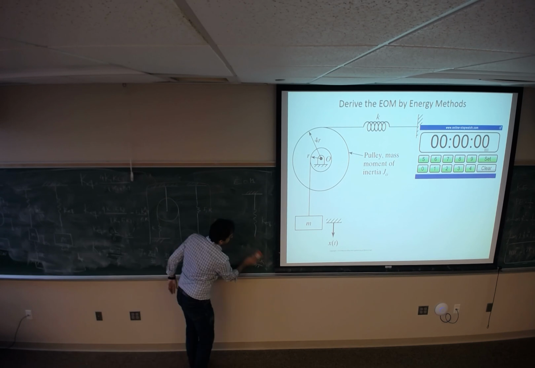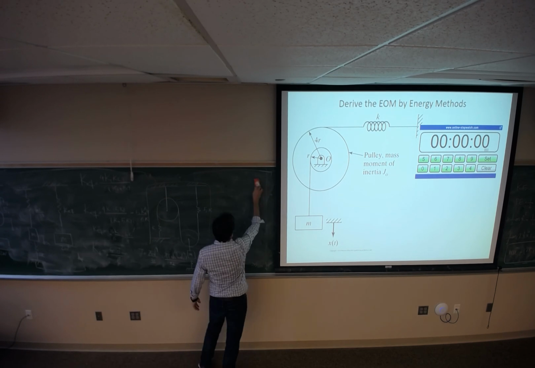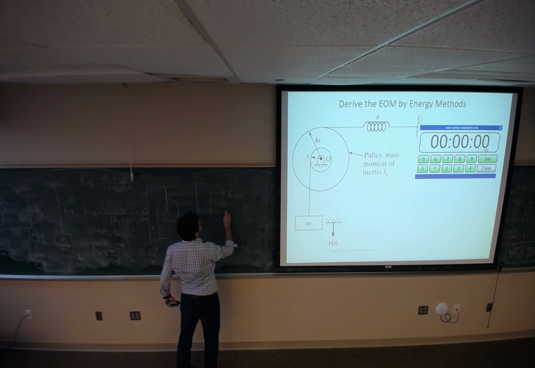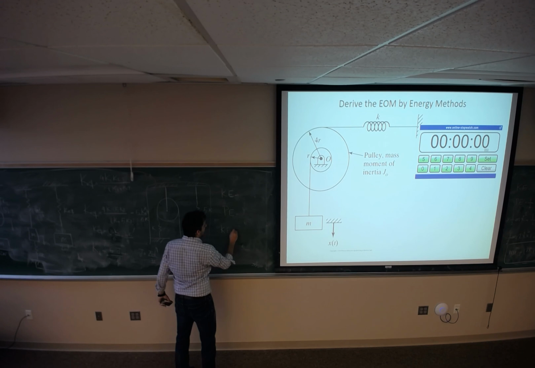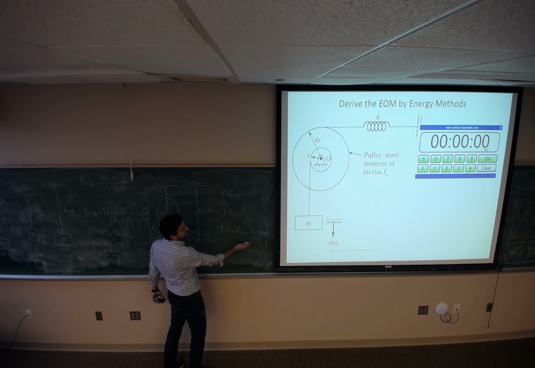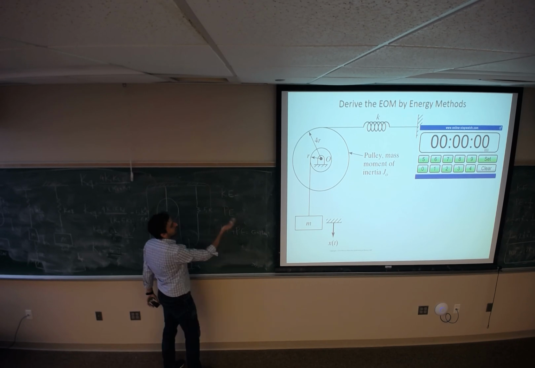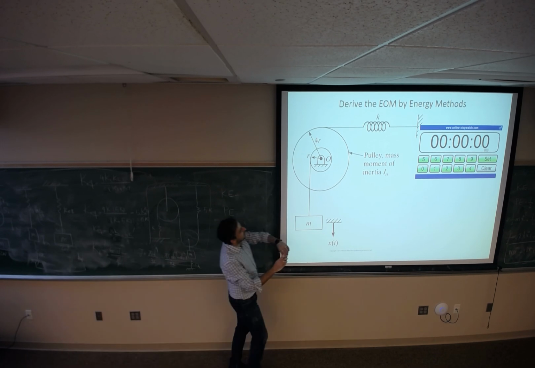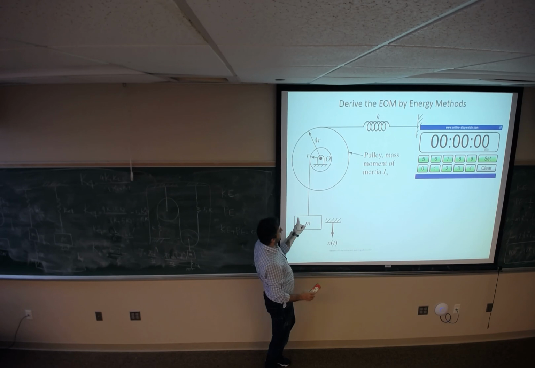What we need to do is find the kinetic energy and potential energy. Add them up, it's constant, since we assume that there is no damping. So we differentiate that and set it equal to 0, and we are going to get the equation of motion. Kinetic energy is coming from this mass and the pulley.